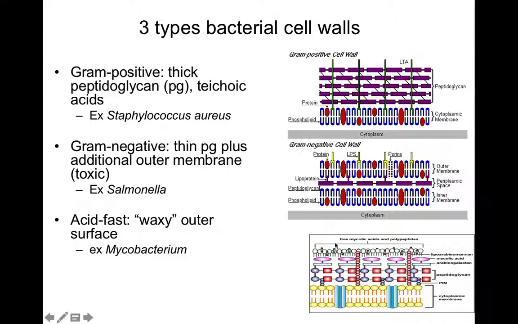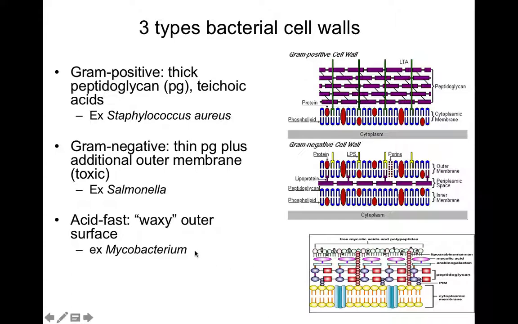disinfectants. So who amongst our bacterial pathogens have these waxy cell walls? The genus called Mycobacterium, and there are two important species of Mycobacterium that are significant pathogens: Mycobacterium tuberculosis, which causes tuberculosis, and Mycobacterium leprae, which causes Hansen's disease.